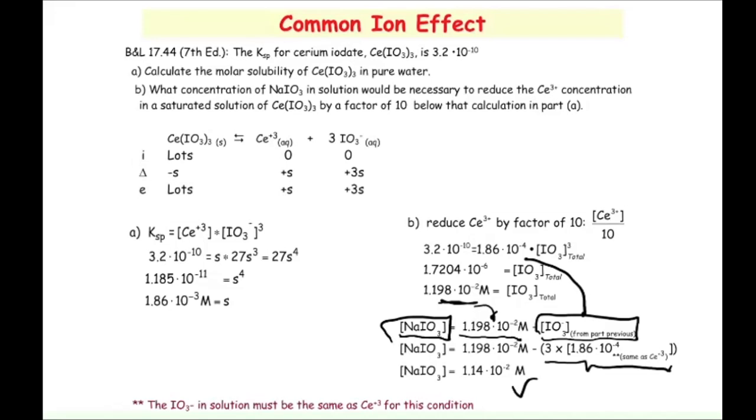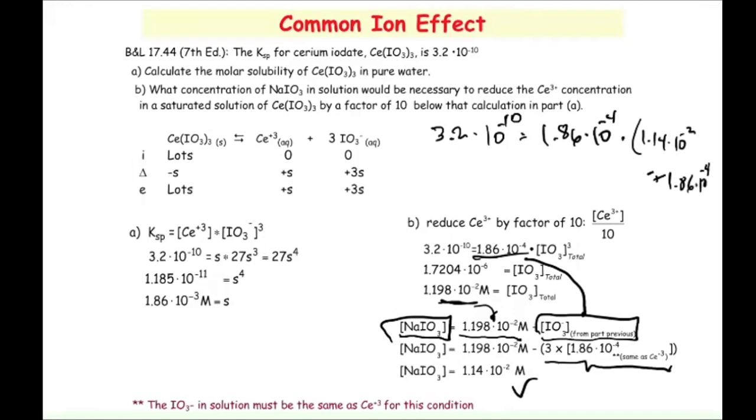And how would I check that? I just go back in here and say 3.2 times 10 to the minus 10 is equal to this concentration of cerium, 1.86 times 10 to the minus 4, times this concentration, 1.14 times 10 to the minus 2 plus 1.86 times 10 to the minus 4, times 3.